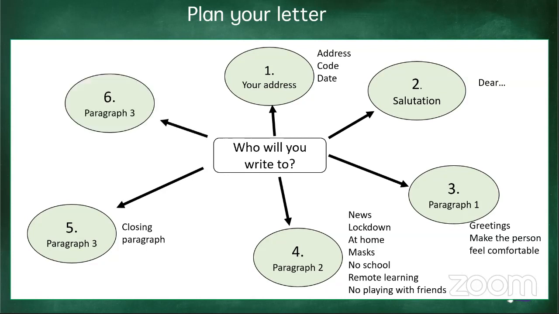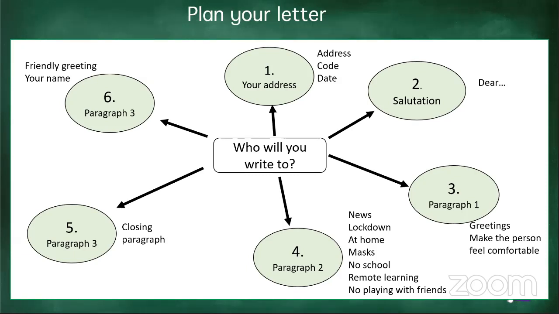You got your keywords, and then paragraph 3 is going to be where you end off. Actually, it's not a paragraph, sorry. That shouldn't say paragraph, it should say ending.